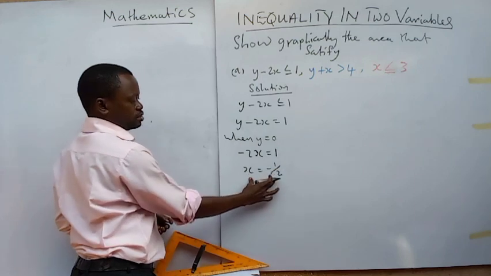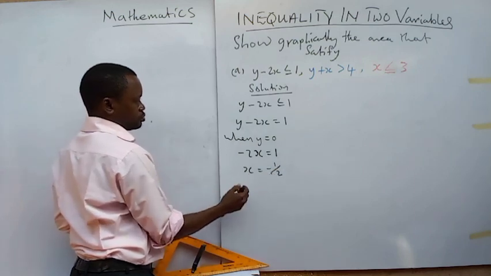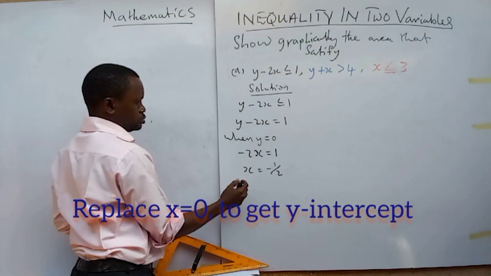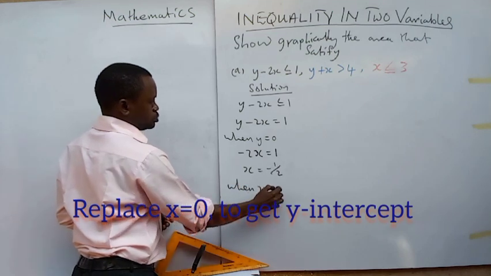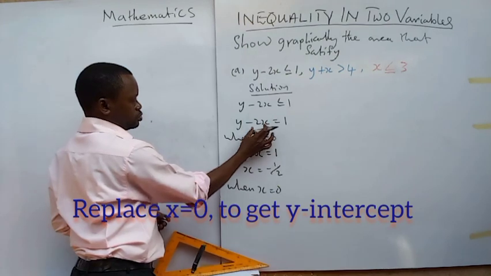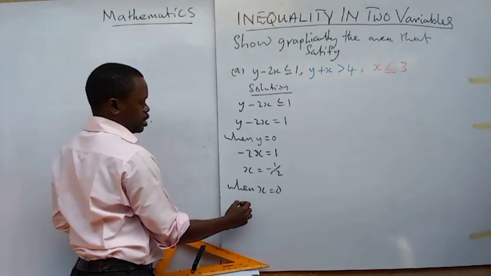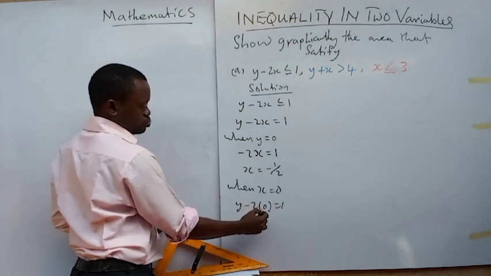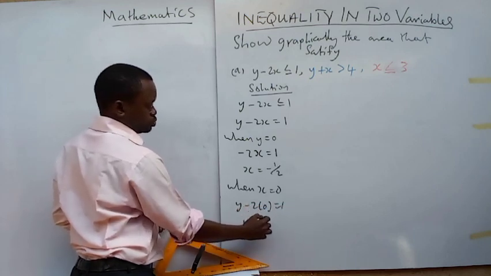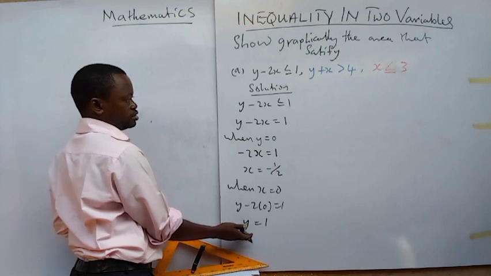This is the x-intercept. And then when you go down again, you say when x is equal to 0, what you are going to have here is y minus 2 in bracket 0 equals 1. So this will go. Now realize that y is equal to 1, and this is the y-intercept.